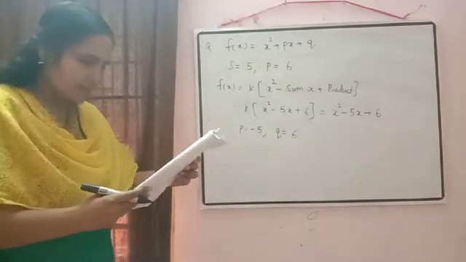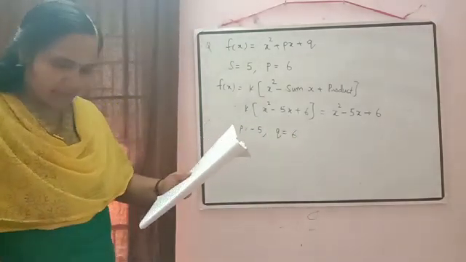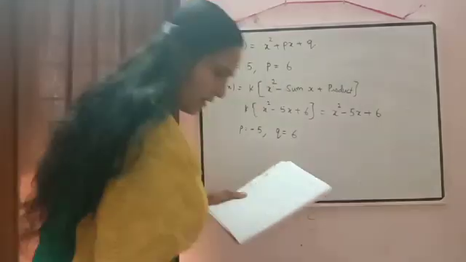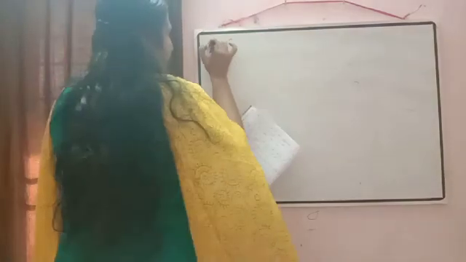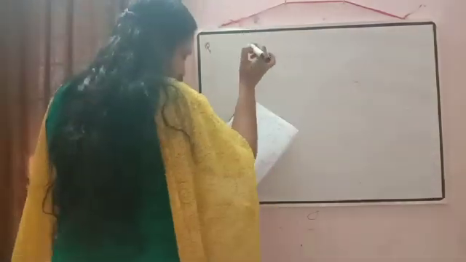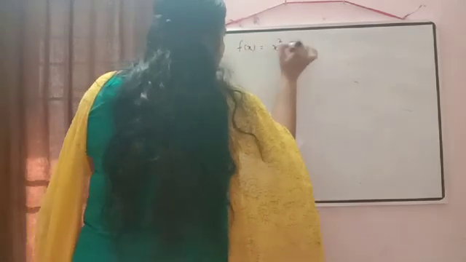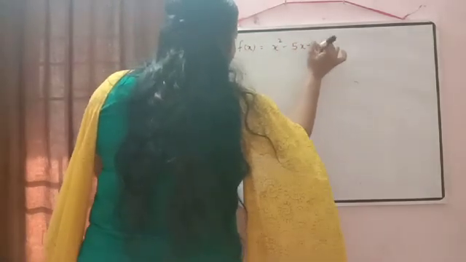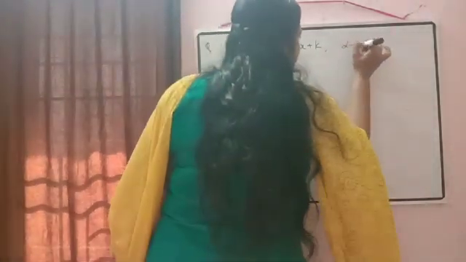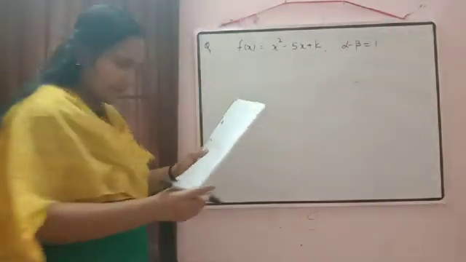Okay. Then next question is, if alpha and beta are the zeros of f of x is equal to x square minus 5x plus k, such that alpha minus beta is equal to 1 is given.